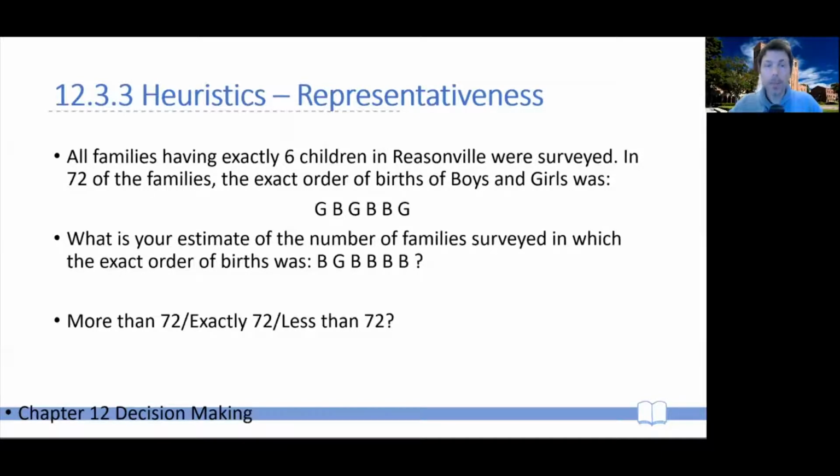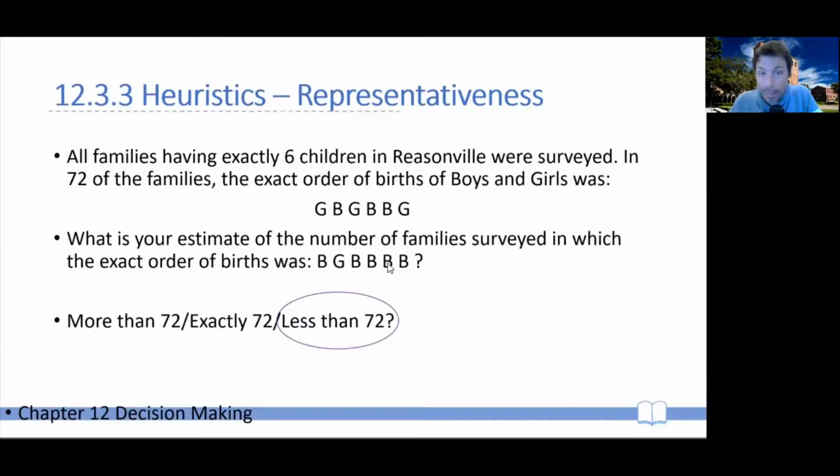As it turns out, most people tend to pick less than 72. In other words, most people have an intuition that the second sequence, the BG, B, B, B, B, is less likely to occur than the first sequence.